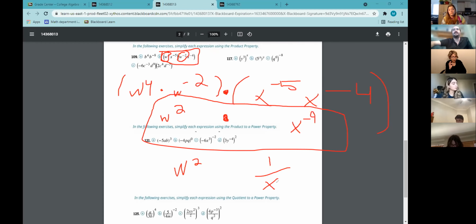It is exactly that. Yep. Okay. And if I'm multiplying these two things, it might help if I write this over 1 maybe. What goes on top? So it'd be W squared over x to the 9th.